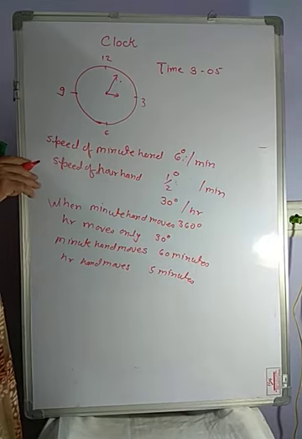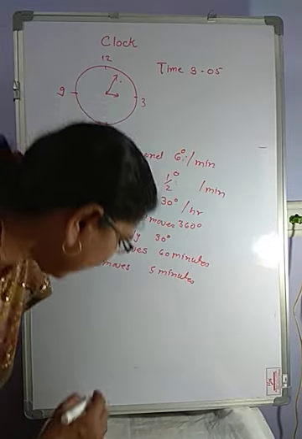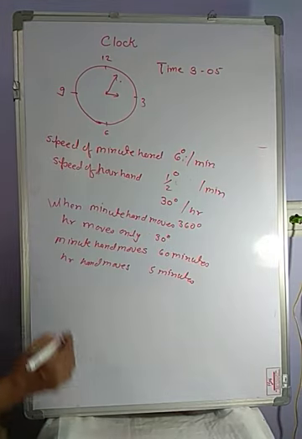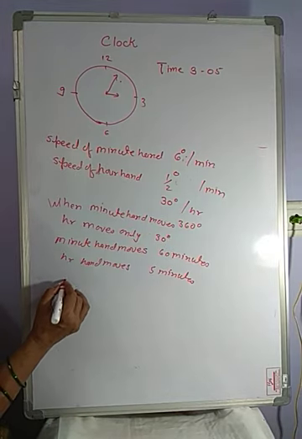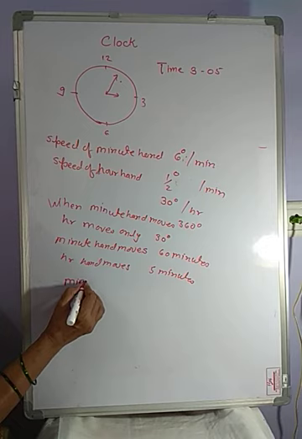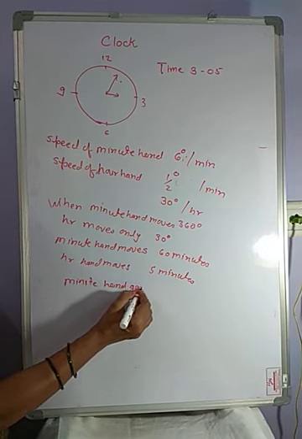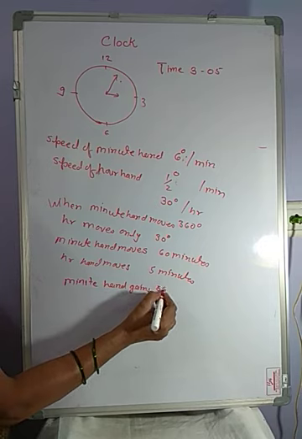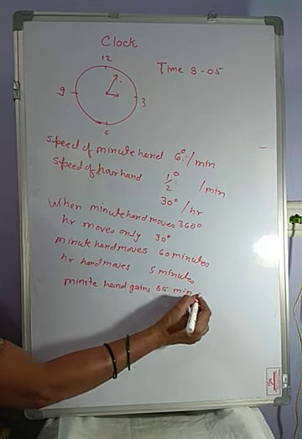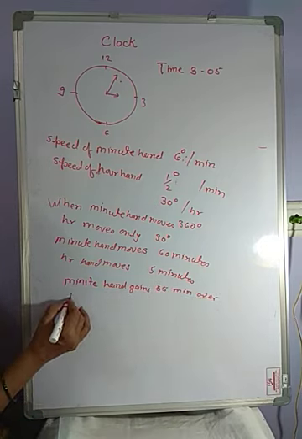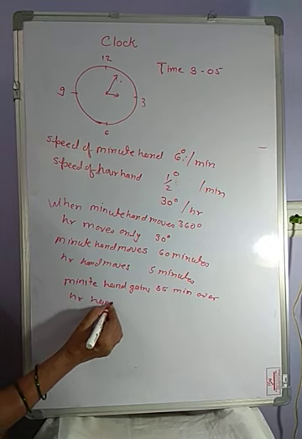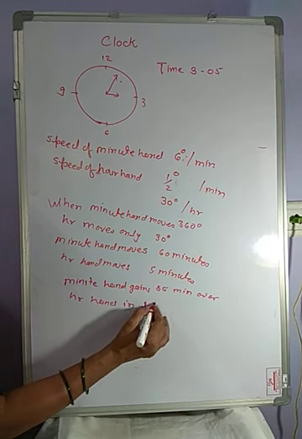That is, the minute hand gains 55 minutes over the hour hand in 1 hour.